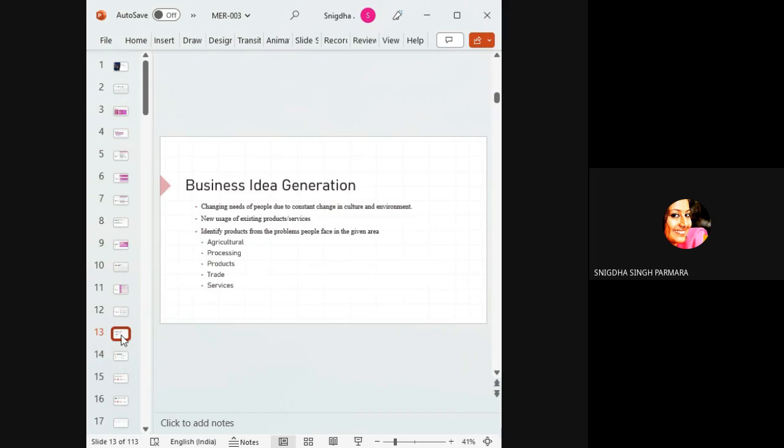So, brainstorming sessions to be done on these three levels, wherein you discuss the changing needs of people and what is the impact of culture and environment on that. What is the new usage of any existing product or services, and where to position them in value added proposition, and to identify products from the problems people face in the following areas: in agriculture, in processing, in product sector, in trade sector, in services sector.